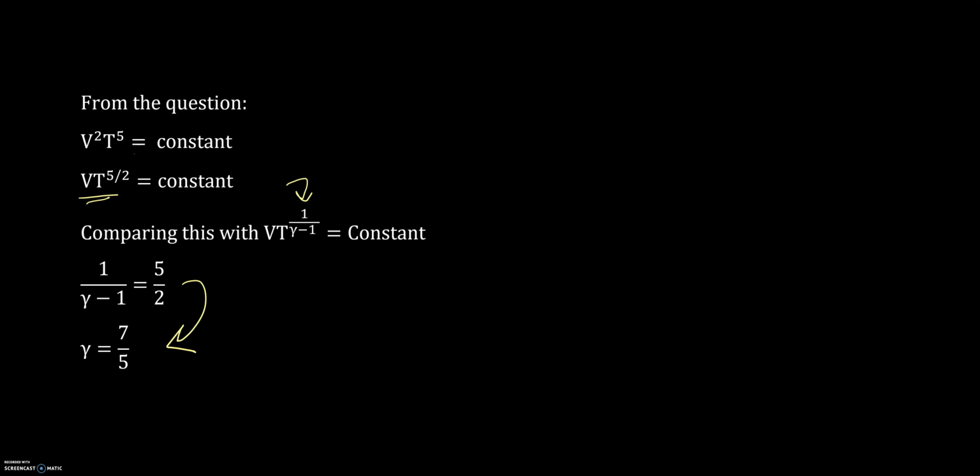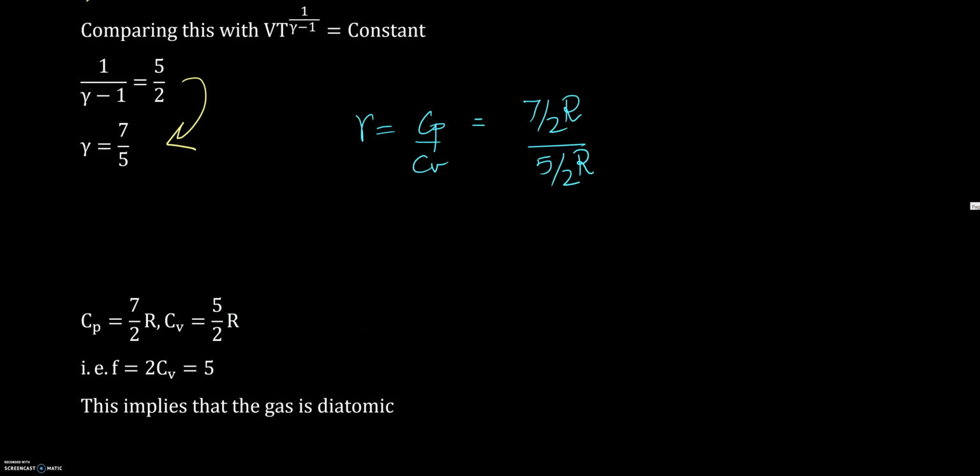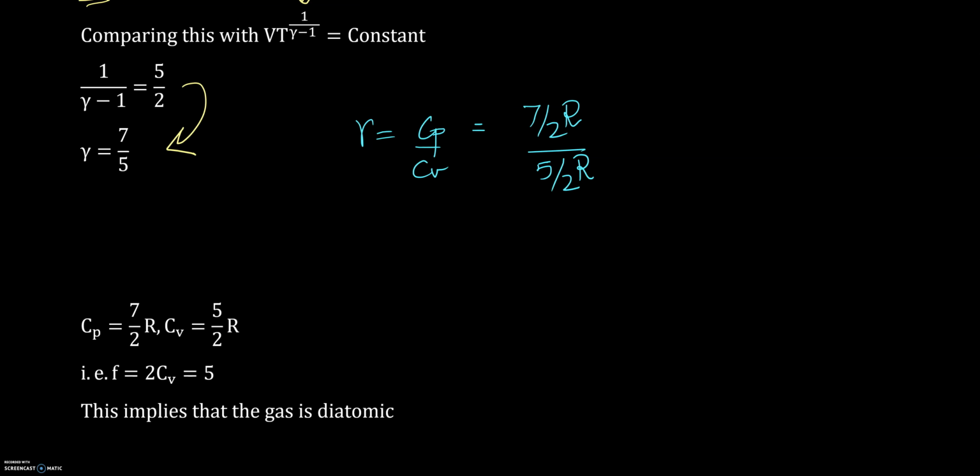What this means is that gamma, which is equal to Cp by Cv, would now be equal to 7 by 2 R divided by 5 by 2 R. You know what this means right away: the number of degrees of freedom f is simply 5. So this is the general idea. That's it. This implies that the gas is diatomic.